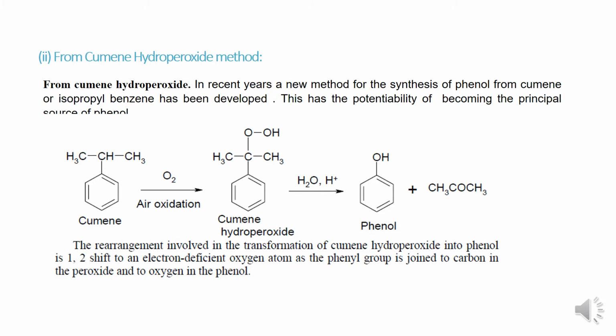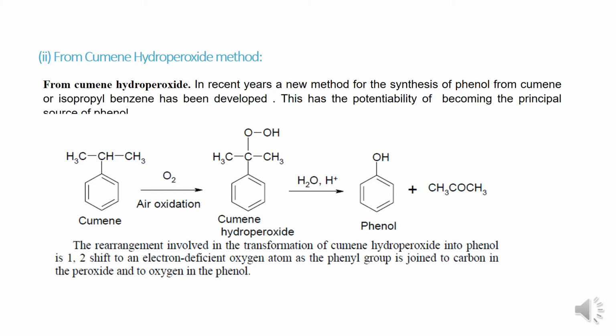So the rearrangement involved in the transformation of cumene hydroperoxide into phenol is a 1,2 shift to an electron deficient oxygen atom, as the phenyl group is joined to carbon in the peroxide and to oxygen in the phenol.